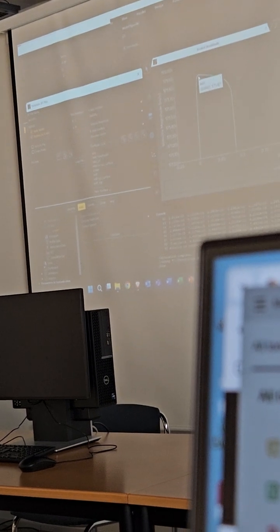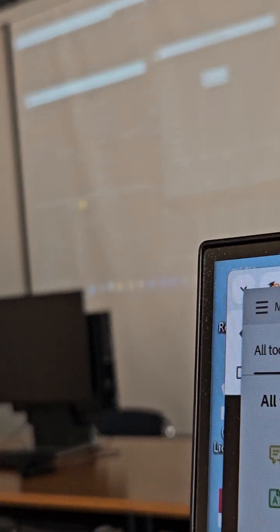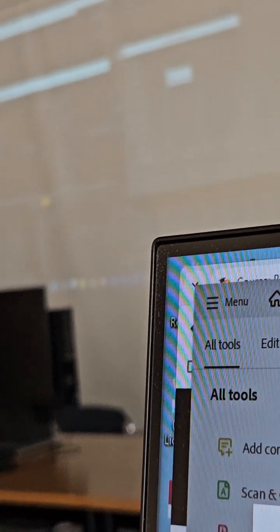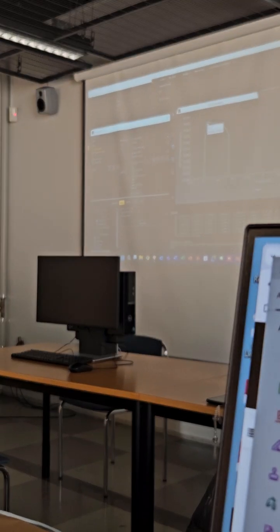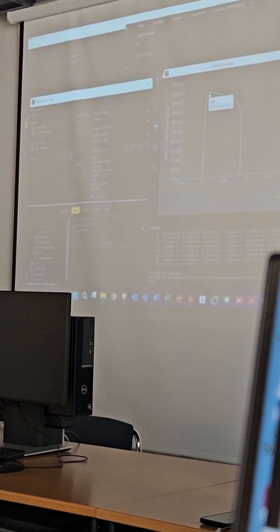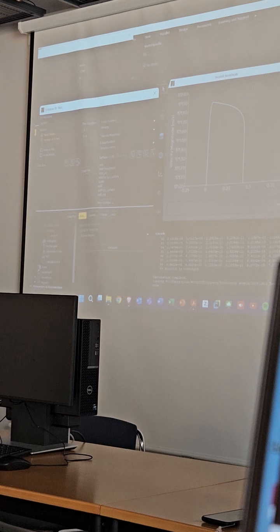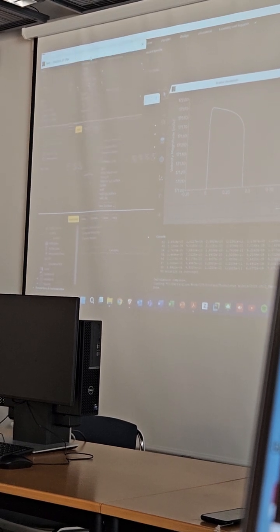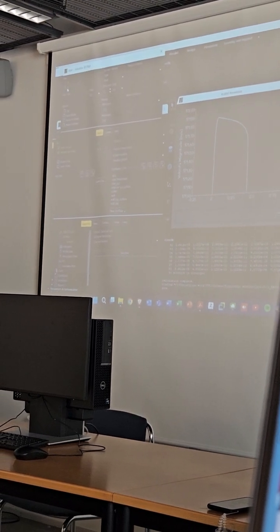But I couldn't get this. I was changing also the ranges, because... You were changing the range of the y-axis or the x-axis? Yes, the range of the y-axis.